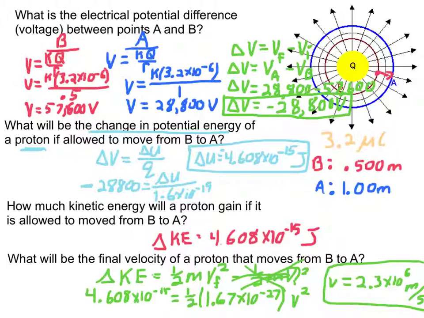If you ever see the word proton or electron in there, or this many protons or this many electrons, you automatically know mass and charge. So the word proton tells you mass and charge because the mass and charge of a proton are given to you in your packet.